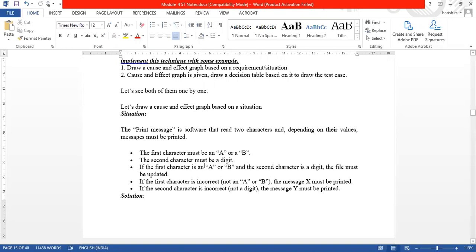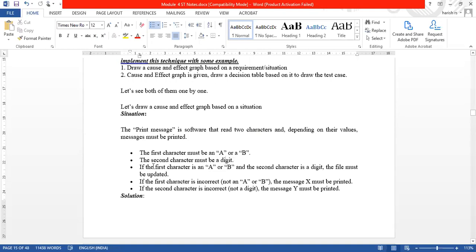Now let us see the situation: what is the problem and how to draw a fishbone diagram. There should be a print message depending upon the causes. What are the conditions for the causes? The first letter should be either A or B in a message. The second letter must be an integer.